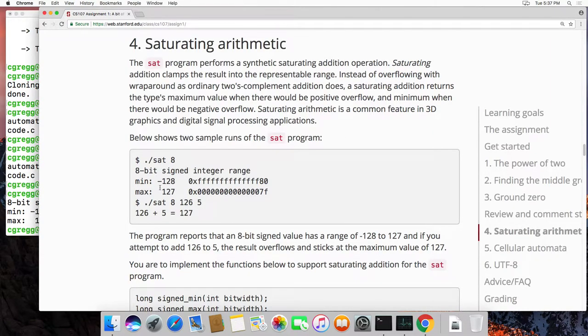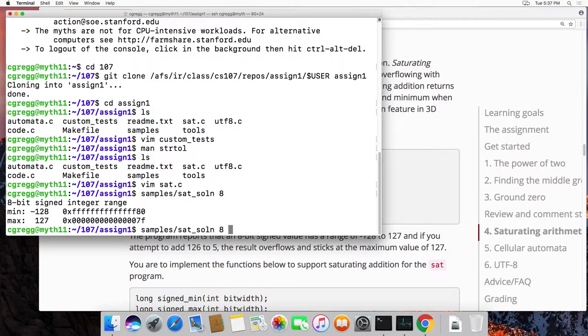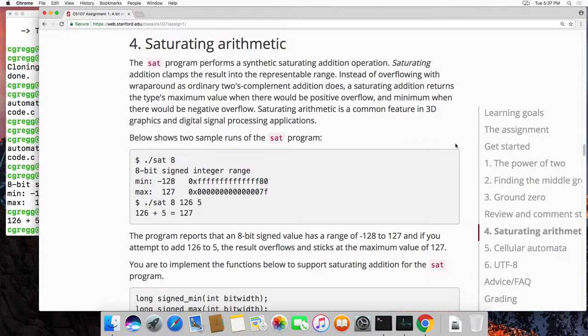If I type sat 8, 126, and 5, well, the maximum integer is 127, so 126 plus 5 would overflow, and therefore it gives you the value of 127 because that caps it. It saturates it, as we say.